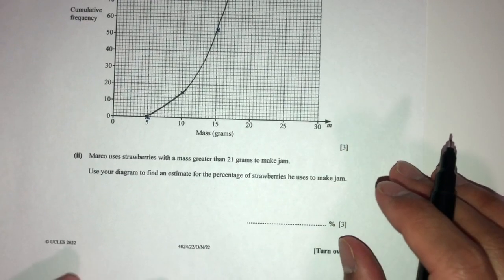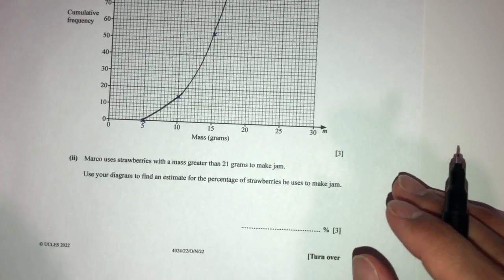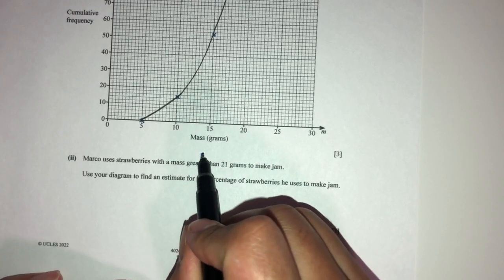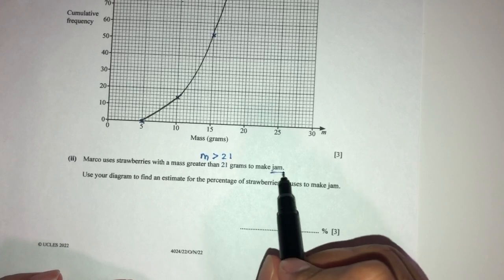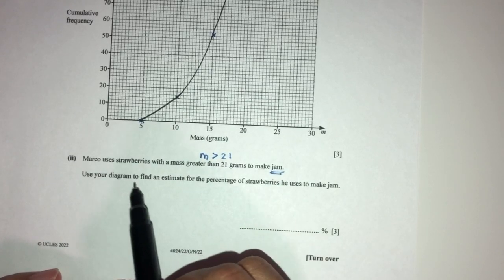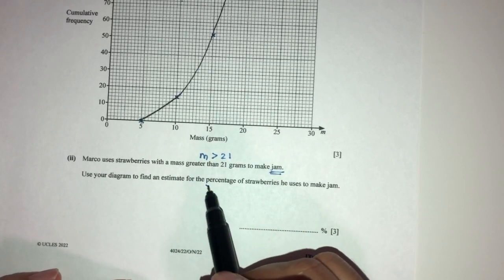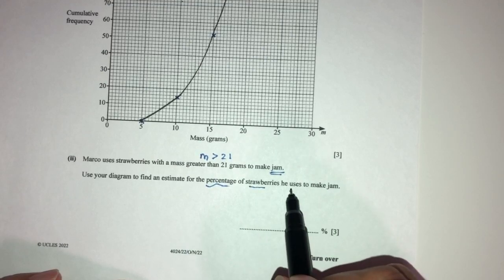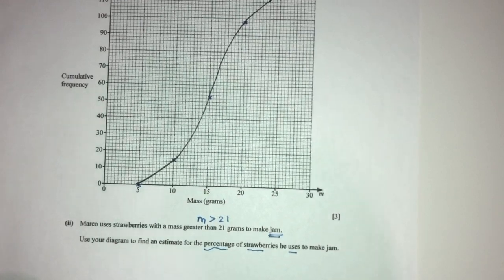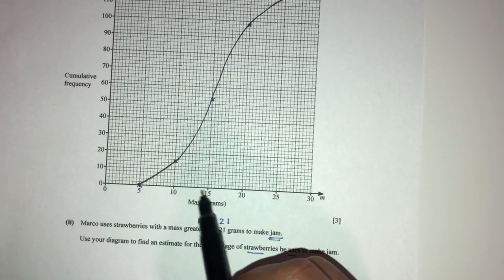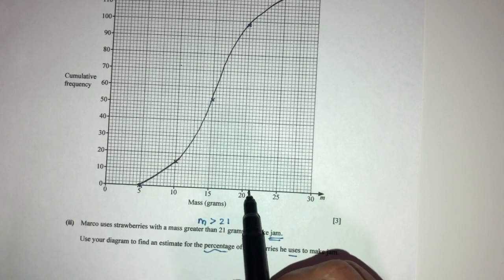Okay, so now from this, Marco uses strawberries with mass when the mass is more than 21 to make jam. Use a diagram to estimate the percentage of strawberries he uses to make jam. So more than 21. So if this is 5, 10, 15, 20, 21 will be right here.